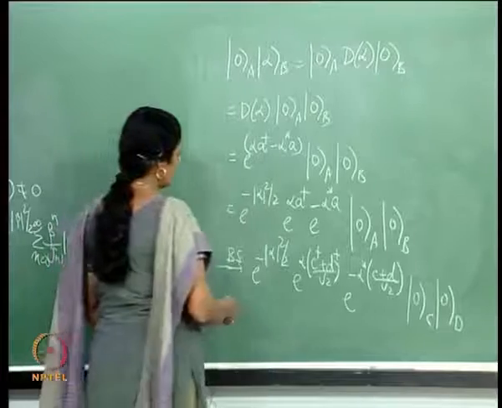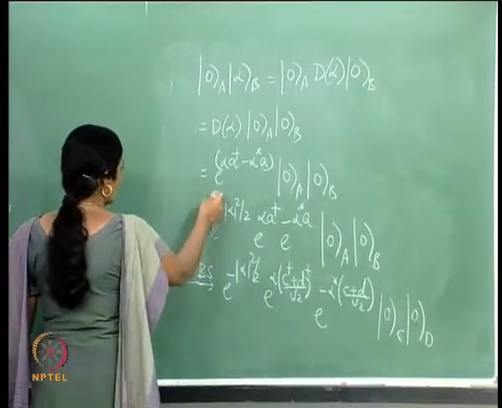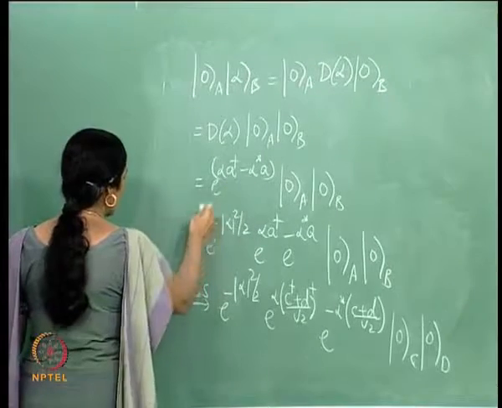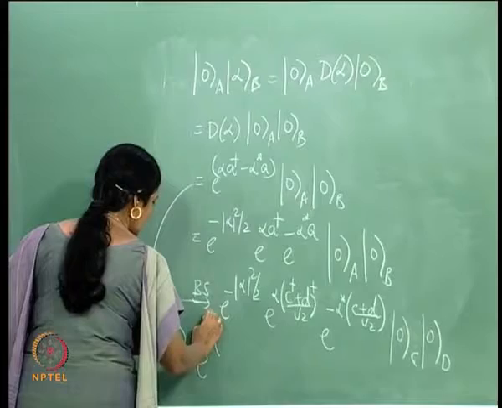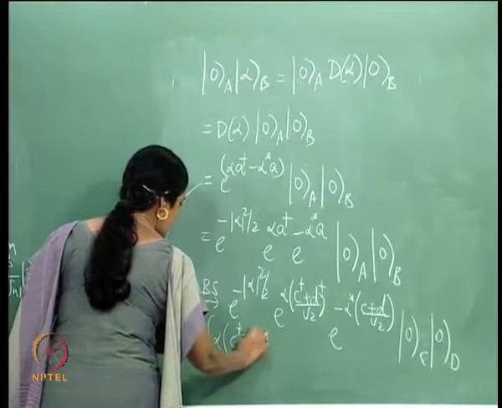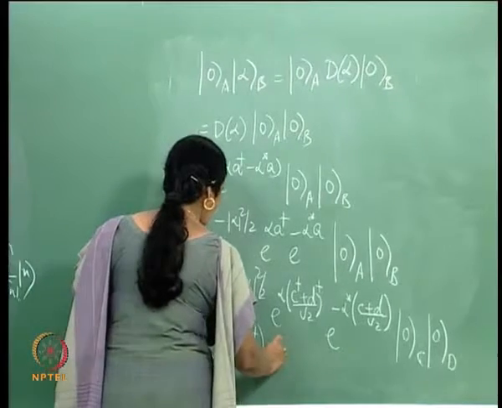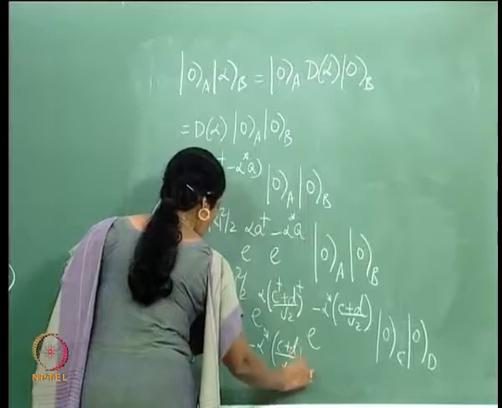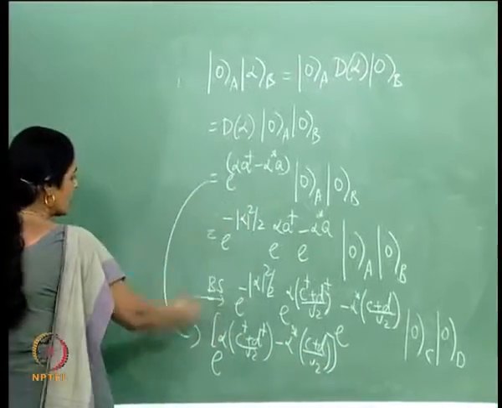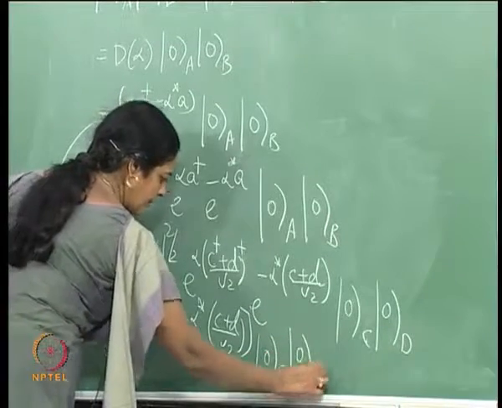Now, of course, I need not even have disentangled this. I could have just written this in toto as e^(α (c† + d†)/√2 − α* (c + d)/√2) without using the disentanglement theorem, acting on |0⟩_C |0⟩_D.